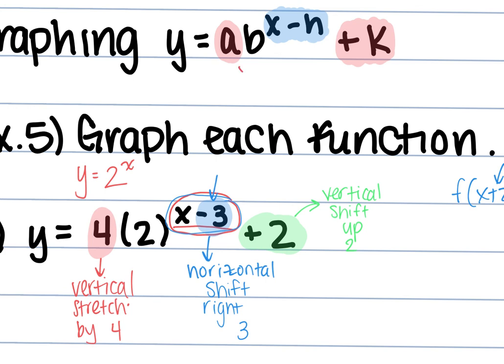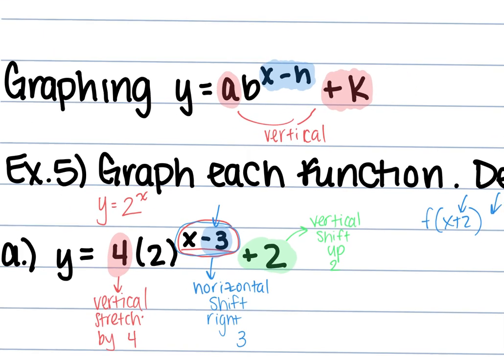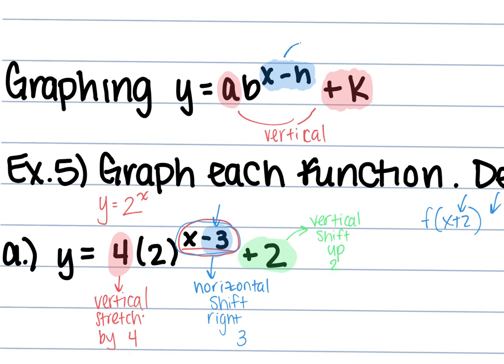And I want you to label the red regions as vertical and the blue region as horizontal. Anytime you have a change in your exponent, it's going to be a horizontal transformation. Anytime you have a change outside your exponent, it's going to be a vertical transformation. Questions so far?